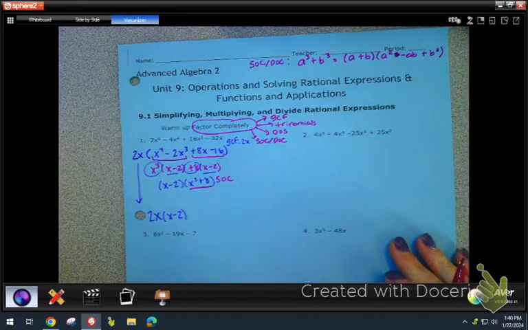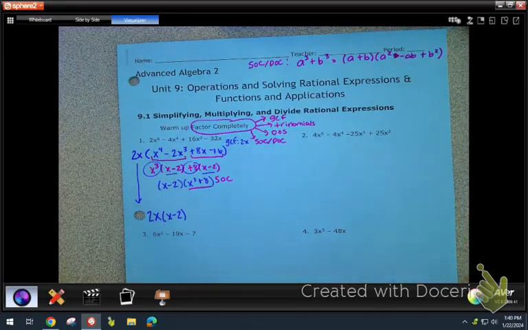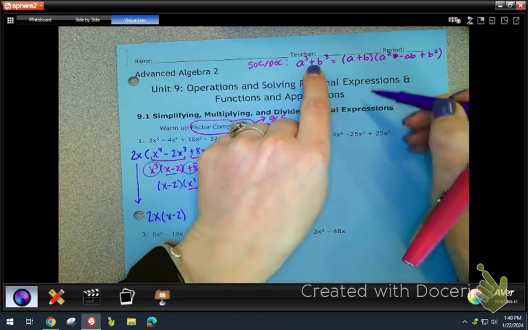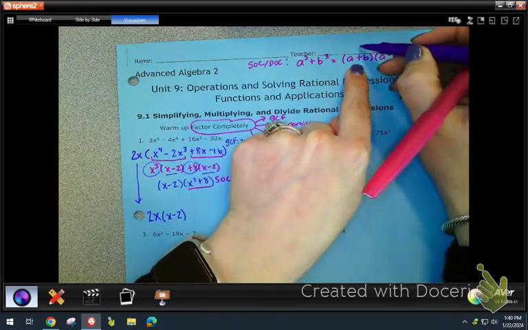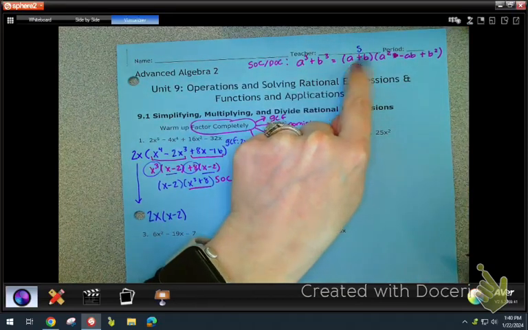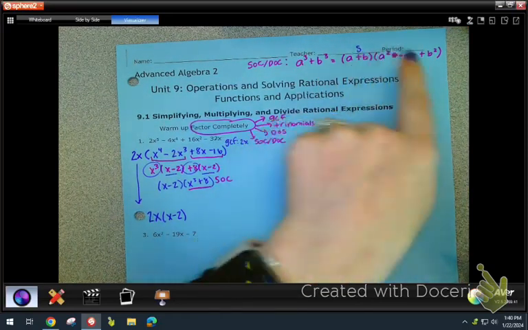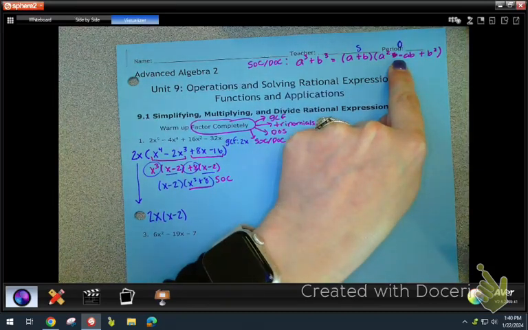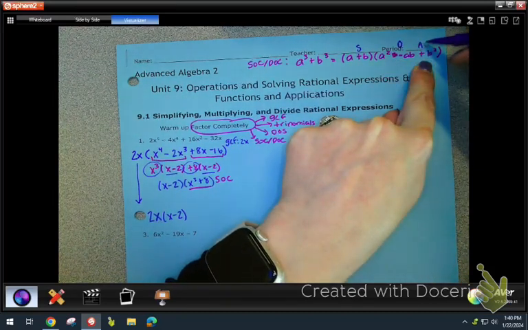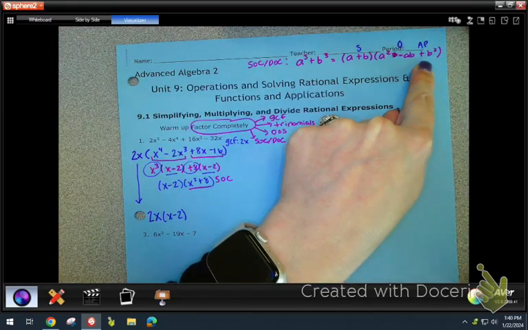It's just a pattern, and I'm going to explain what all that means. I'm going to explain what I meant by SOAP so you can understand what I'm talking about here. SOAP stands for: if it's a sum in the original, what you're factoring, that means your first factor is going to have the same sign, so plus and plus. The next sign is going to be opposite, and the last sign will always be positive, always plus.